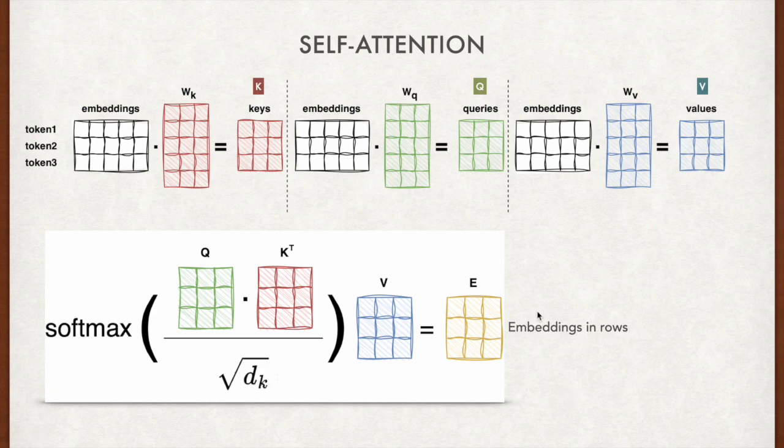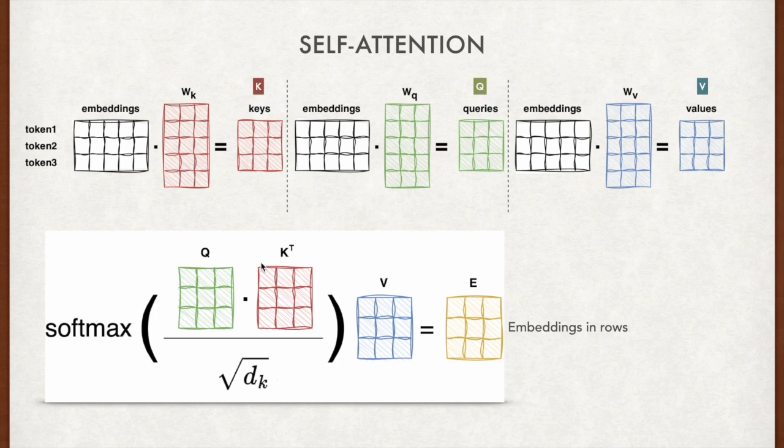If we transpose the key matrix so that the keys of a given token will be stored in columns, multiplying the matrix Q representing queries by K transposed, we obtain a new matrix consisting of all dot products between all keys and queries.